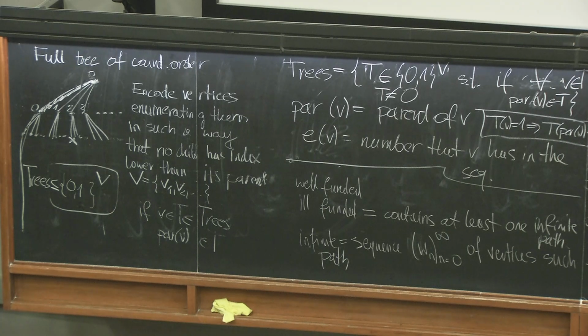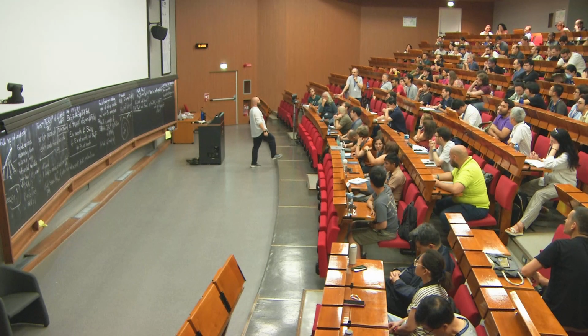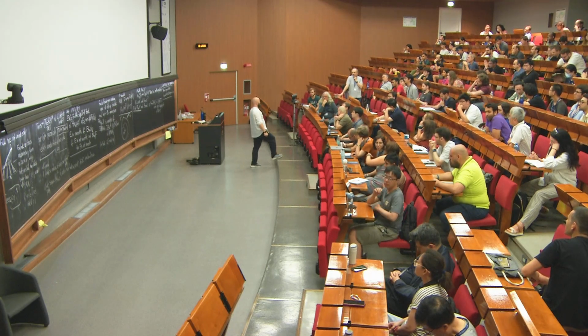Is the same result true for finitely branching trees? No. Sorry? Yeah, okay. The finite branching is boring. Even if it has some infinite branching? Yeah, because it is then, I think, compact, right?